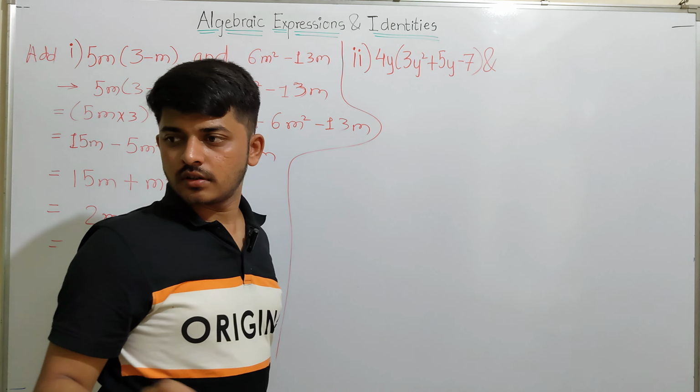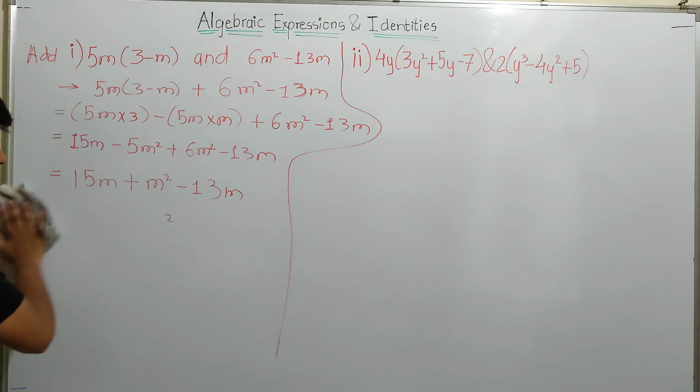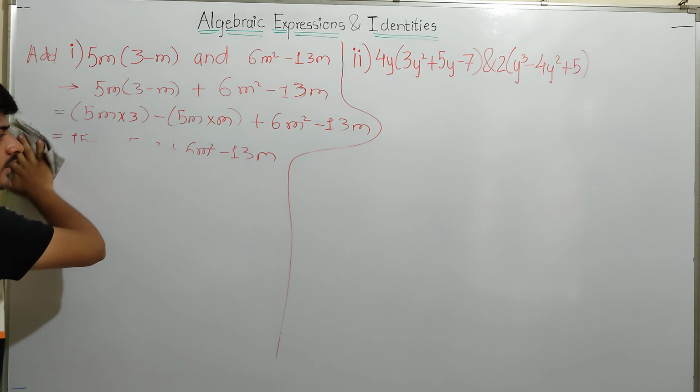Right. So see here, now by using the distributive law, I'll rub this, please note it down. And sorry for that, I didn't observe the question carefully, but no problem.